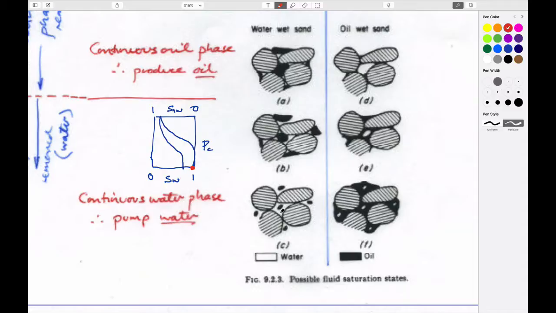If we increase the amount of oil, we push in a bubble, and all of a sudden we find ourselves at point number 1. We keep on pushing oil in, we move up here, and we keep on going up here, more and more oil, so we're almost at the irreducible saturation here.